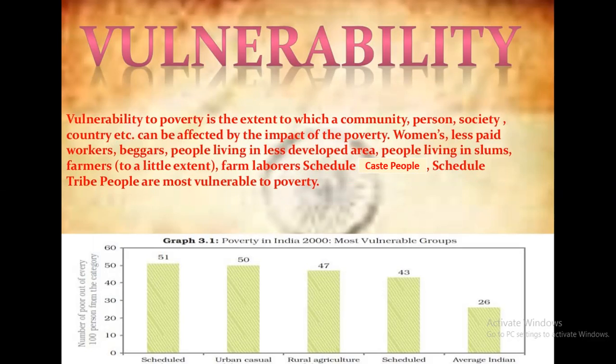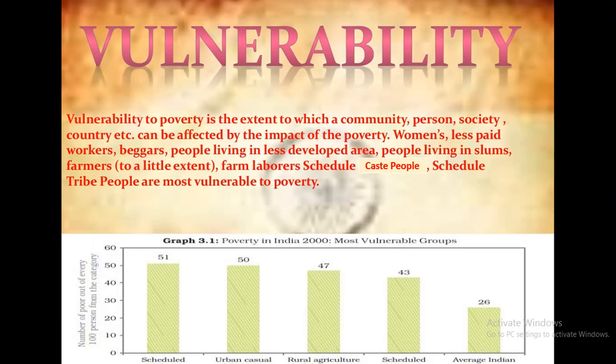Facilities like leaves are not there properly, they are not given proper medical claims, proper working conditions, and not paid up to the mark wages. When all these conditions come, the people living in those communities and groups are very much affected by the impact. And that term is known as vulnerability to poverty.